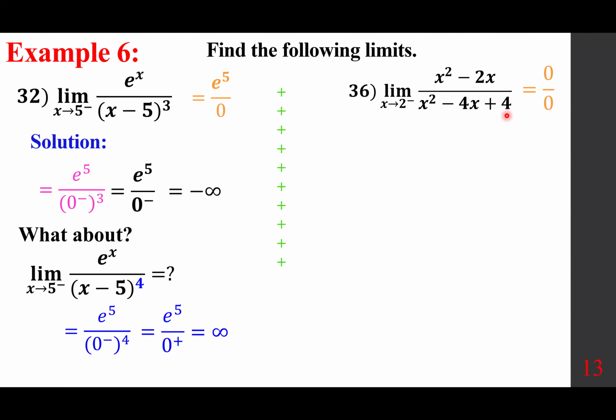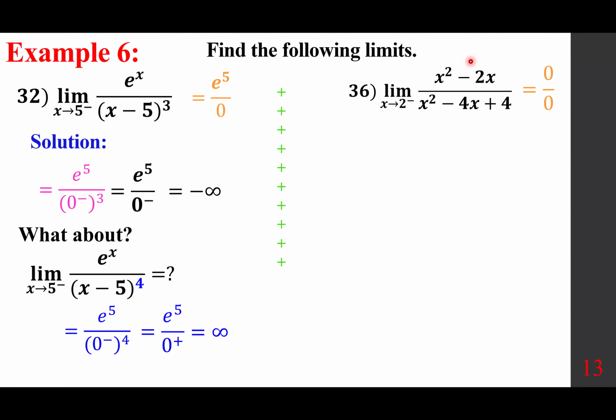When you have a fraction, more specifically, a rational expression of 0 over 0, the technique for the limits is to use factoring. So the numerator is easy. You just take the x out.